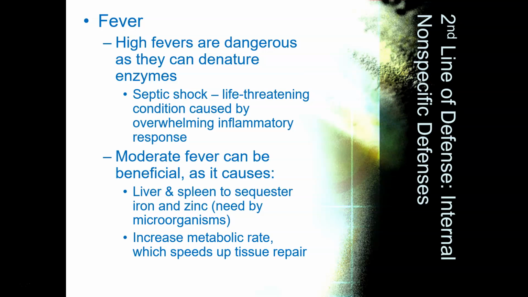But your fever actually causes things like your liver and your spleen to sequester, or take out of basically circulation, iron and zinc. And so it lowers those levels of minerals in your blood, allowing them to not be as accessible to those microorganisms that are causing you that infection, which is pretty cool.